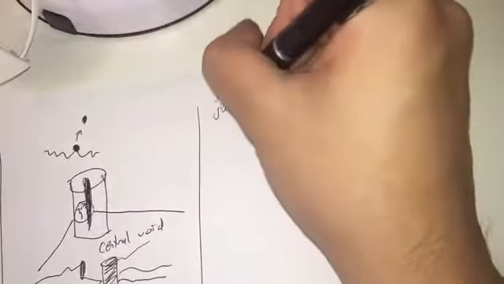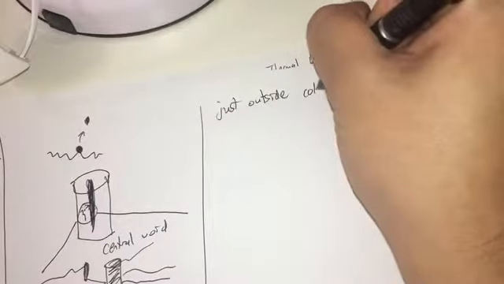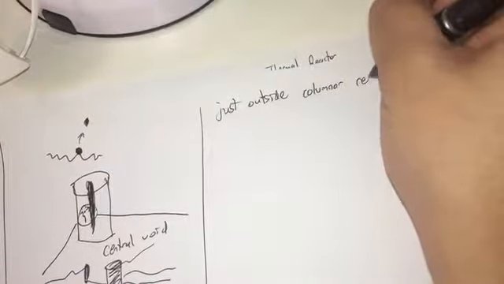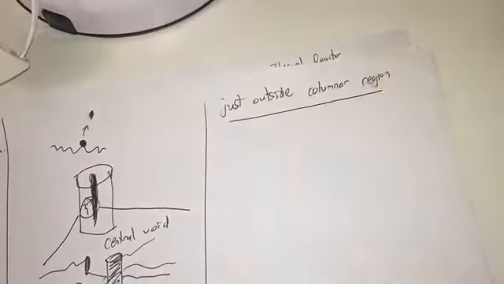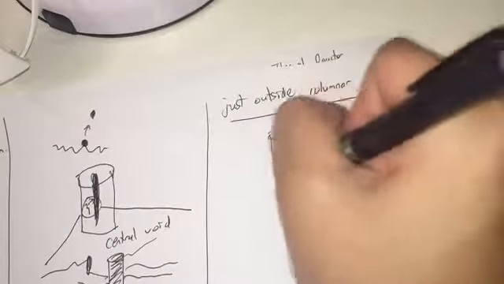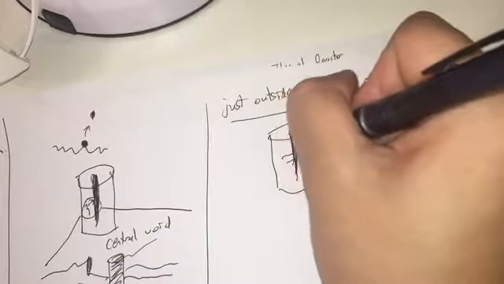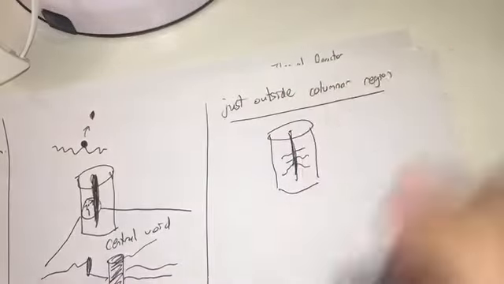Now just outside the columnar region, we have a temperature gradient, a region of high temperature. So we have all these columnar grains.